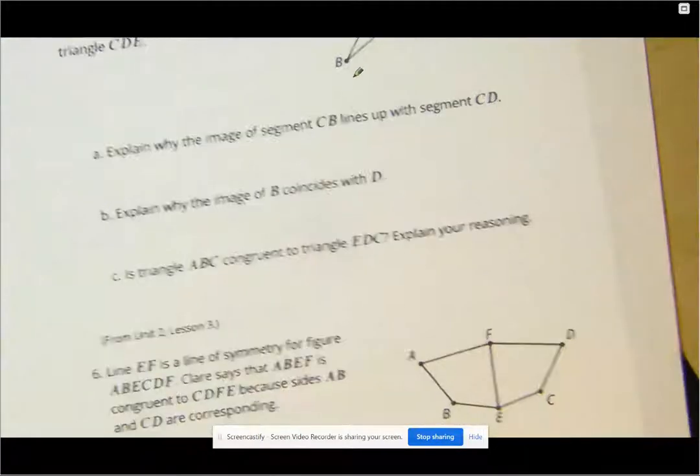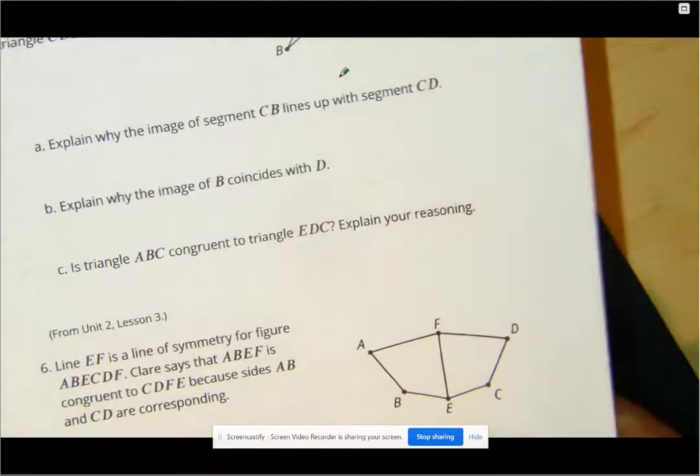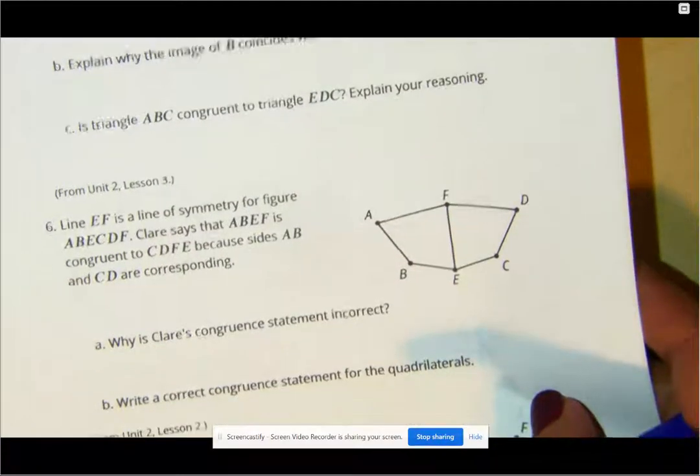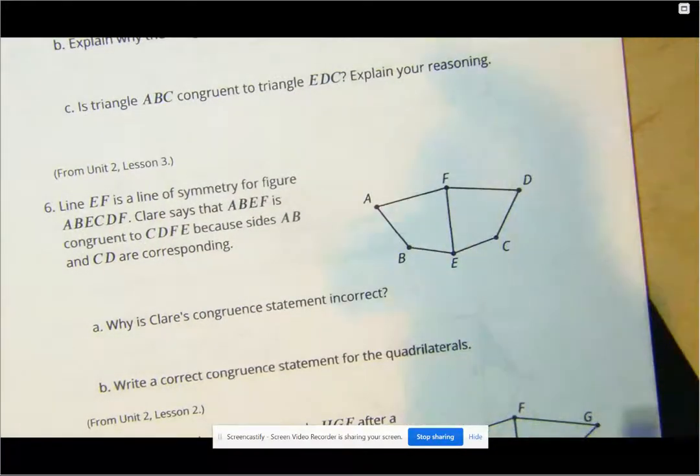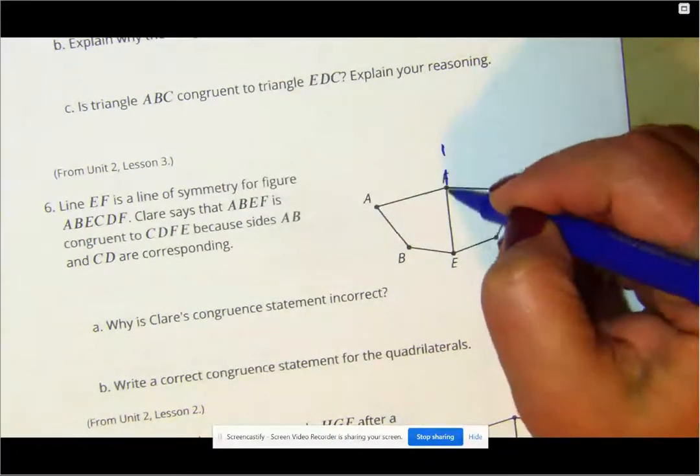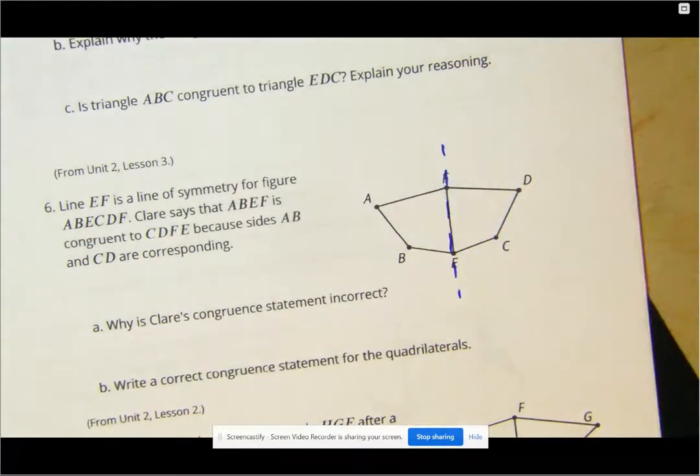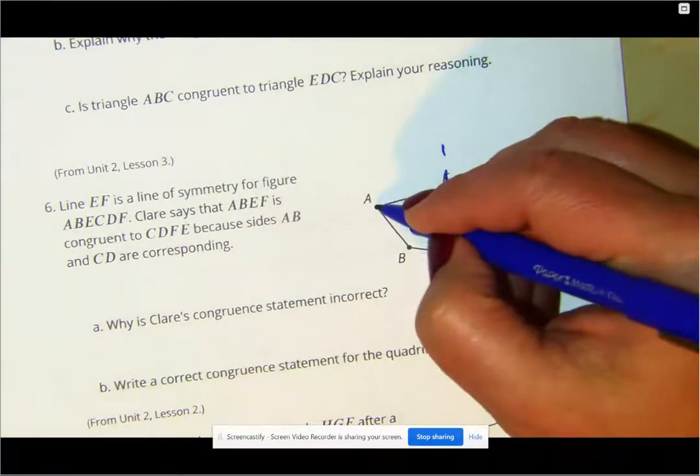Jumping to number 6. Line EF is a line of symmetry for figure ABECDF. I'm going to just draw that in. Claire says that ABEF is congruent to CDFE. So let's look.